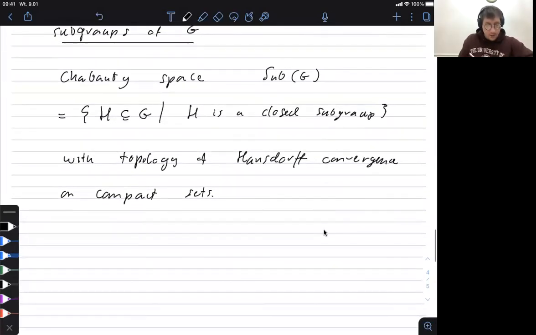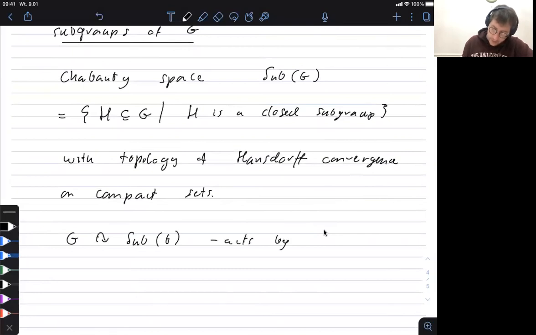Okay, so the group G acts on Sub G. It acts by conjugation.